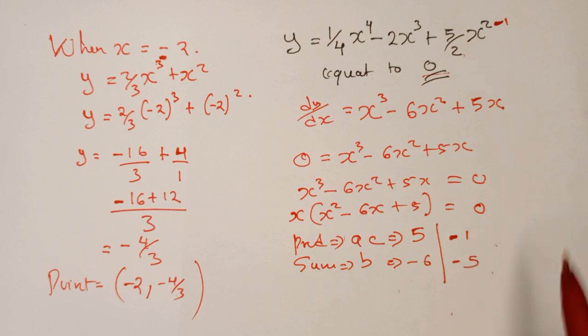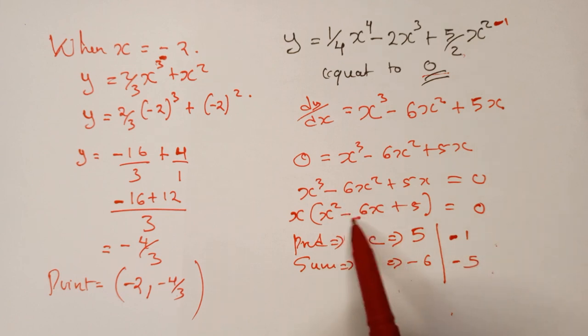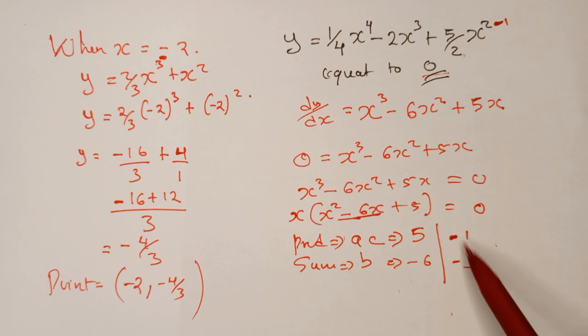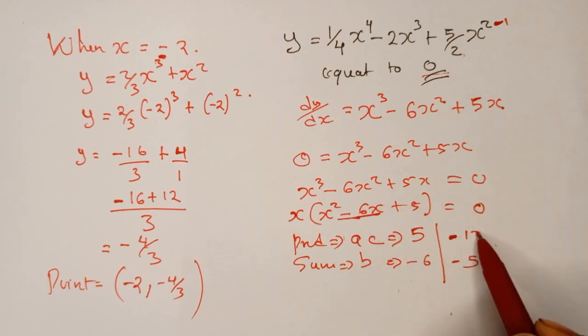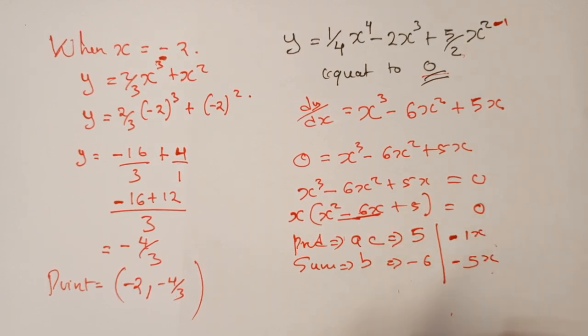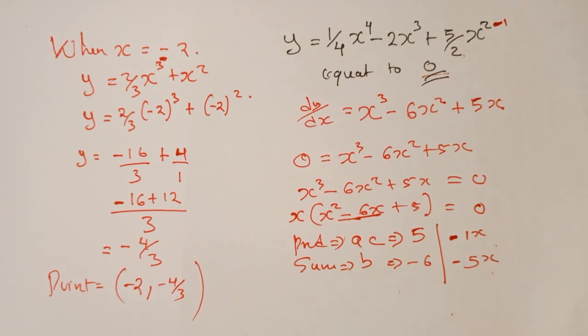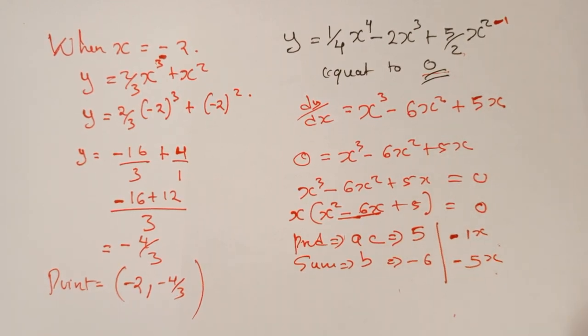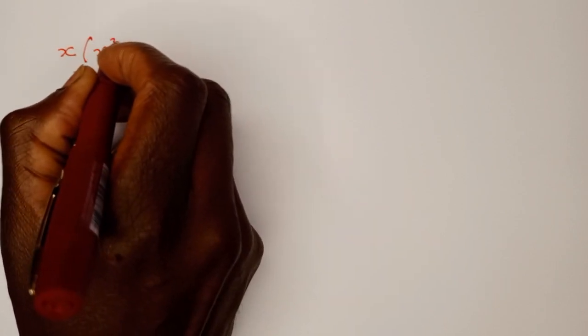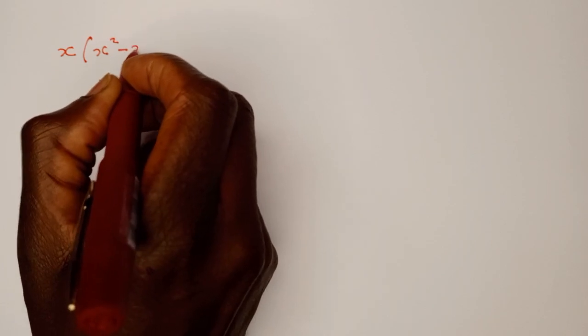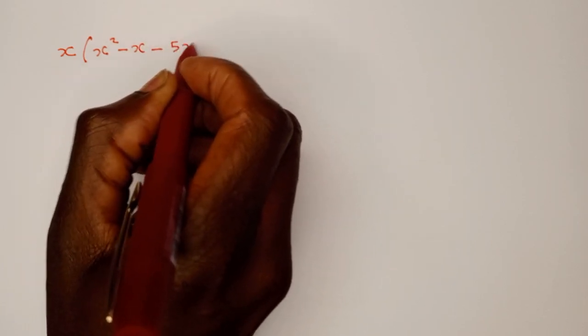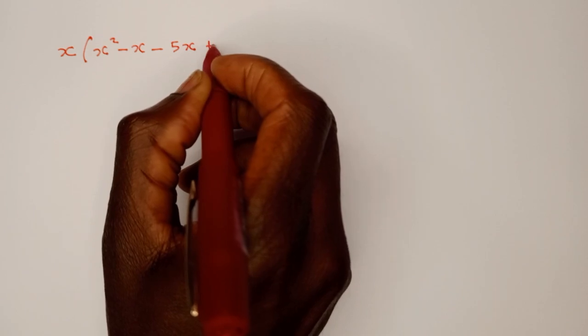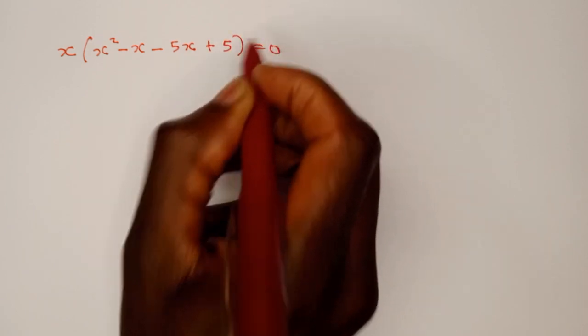Then after getting these two, we're going to replace this one here with these two values. But now, since it is 6x, just add x here, x there. So then you substitute in that one. So inside you're going to have x squared minus x minus 5x, then you have plus 5 is equals to 0.